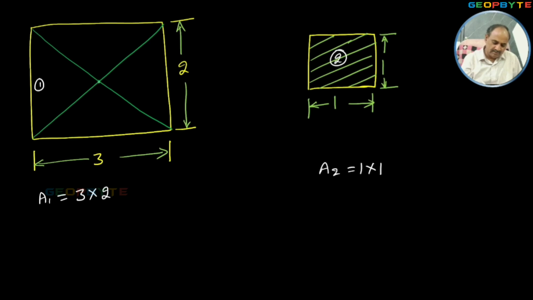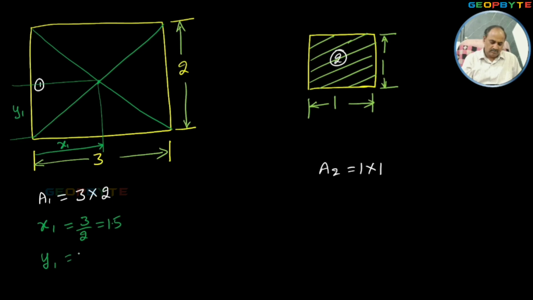Wherever these two diagonals meet, that is the center of mass. This is x1 and this is y1. Look at x1. X1 equals 3 by 2 equals 1.5.